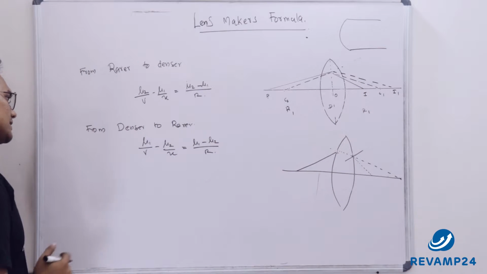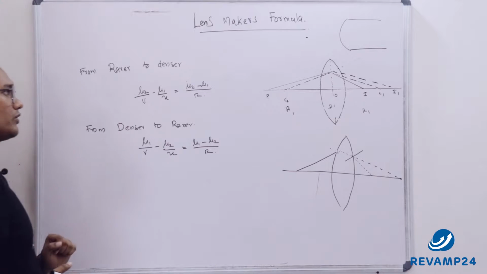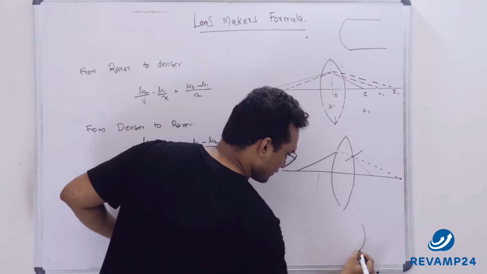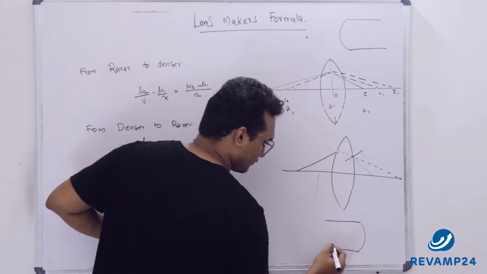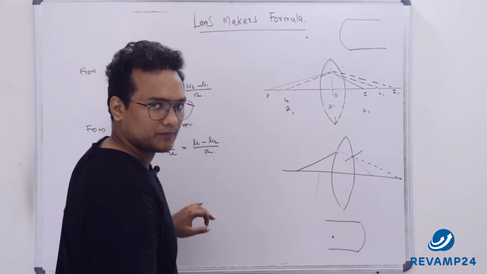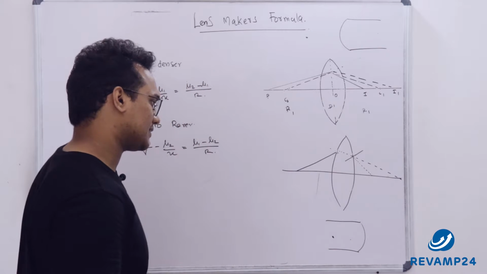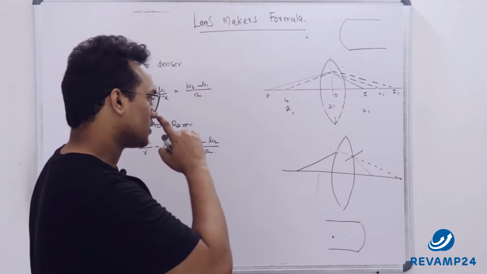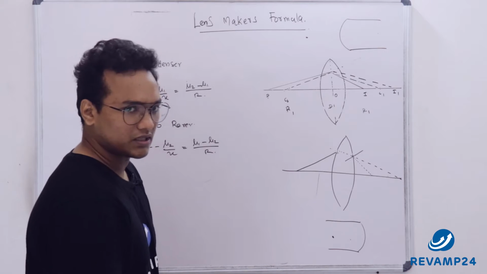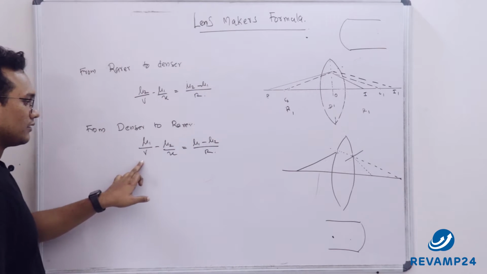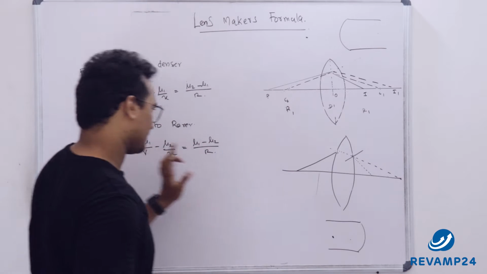Now in the second case, that is light entering from denser to rarer medium, that is a case like this. We kept our object here and we have seen the image is forming on the same side itself. So whatever may be the position of the image, we got to know that the equation for this refraction is this one.